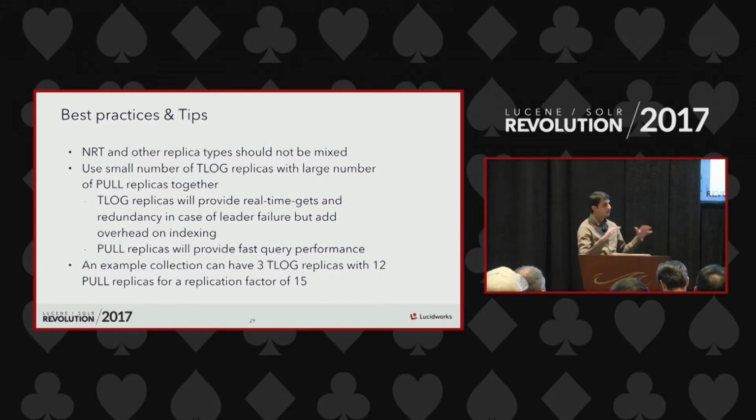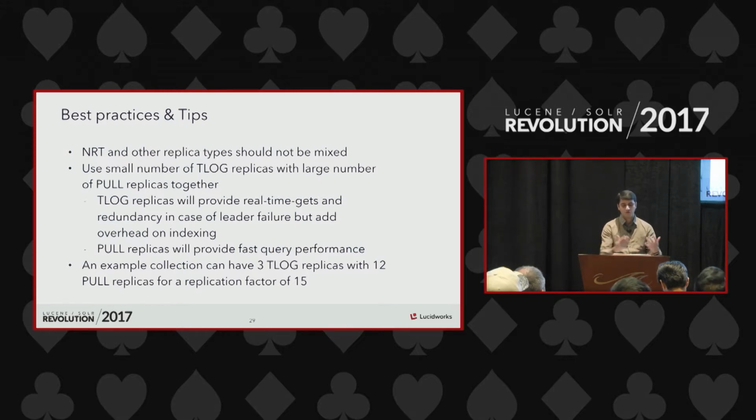Either have all NRT replicas as you were doing today with Solr 4 or 5 or 6.x, or you have a small number of T-log replicas and then probably a large number of pull replicas depending on your query performance requirements. T-log replicas will provide both leader failover and the ability to do real-time GETs.